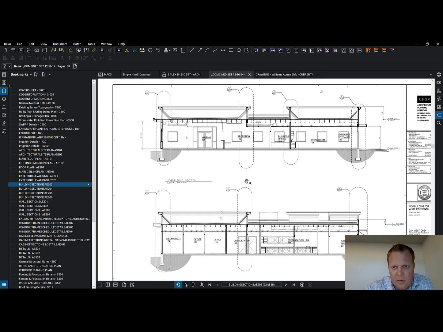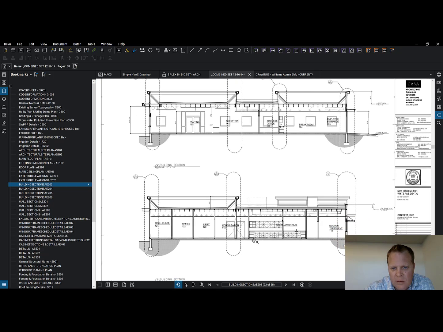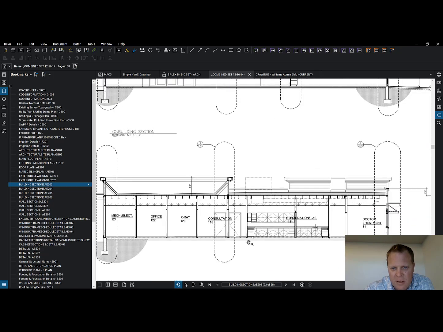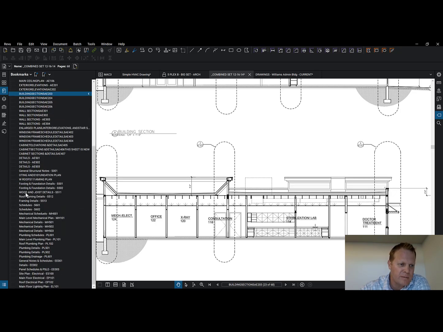I don't know. I could be wrong. Some occupancy separation maybe. I have to look closely at it. But it's a good set of drawings because it's showing you both ways.